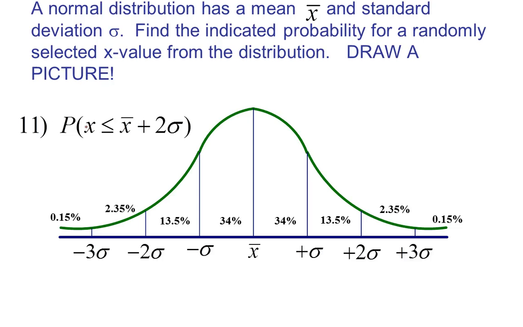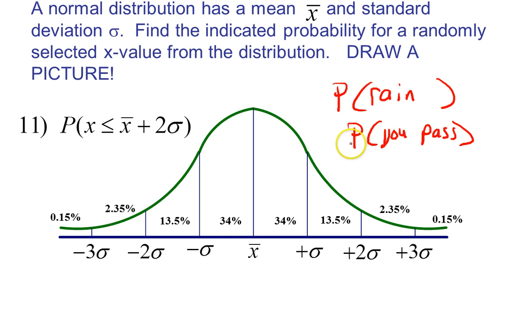Please understand that if you have a P and then parentheses and you put something inside, like if I have a P in parentheses and I write rain inside, that means the probability that it's going to rain. If I wanted to talk about the probability that you are going to pass this class, I would put a P and then inside I would put you pass.